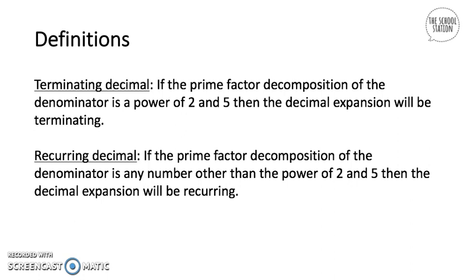And for recurring decimals, if you see a fraction whose denominator has any other number, not a power of 2 or 5, then it will be a recurring decimal. So you basically have to think about these definitions while you answer the next few questions.